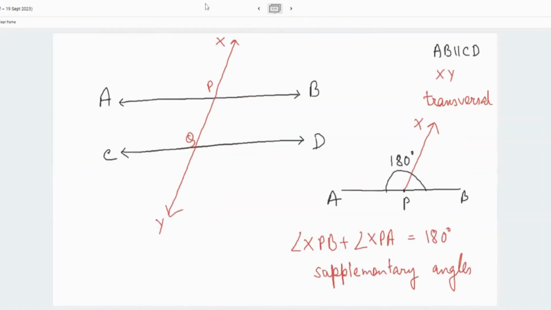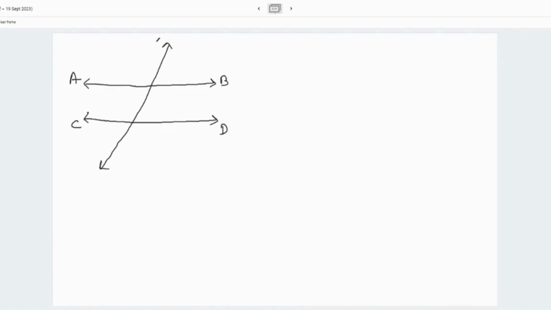Let us note down all the possible supplementary angles. একটা পেয়ার হলো A, B, C, D, X, P, Q, right? I'll write down all the possible pairs of supplementary angles. Check if I'm correct.